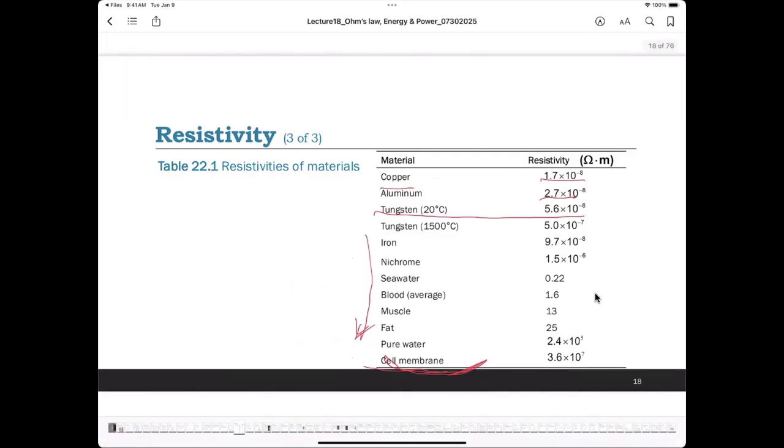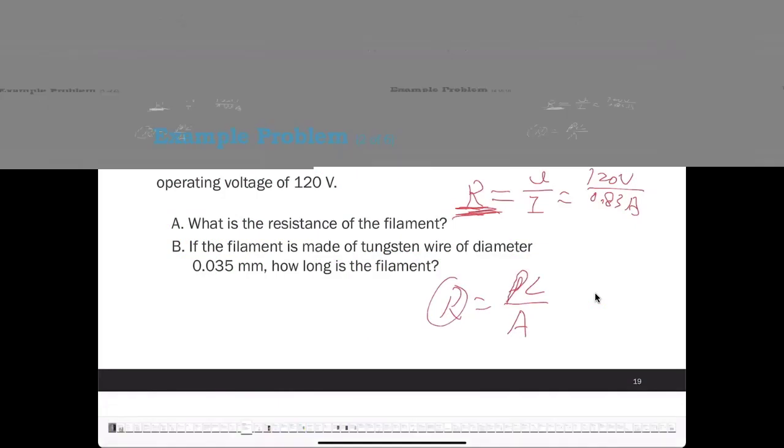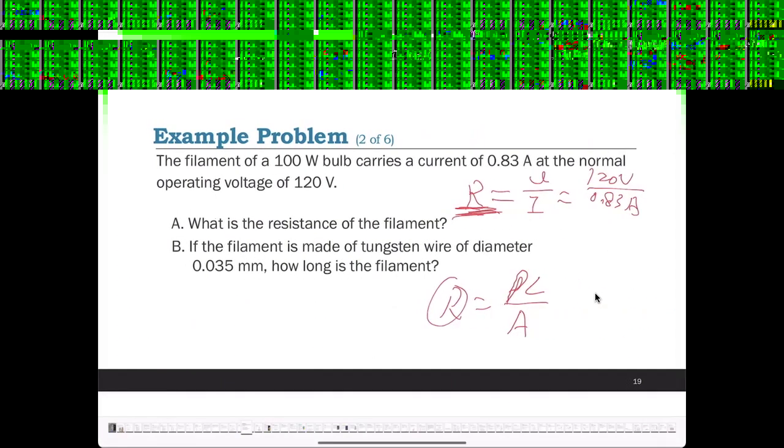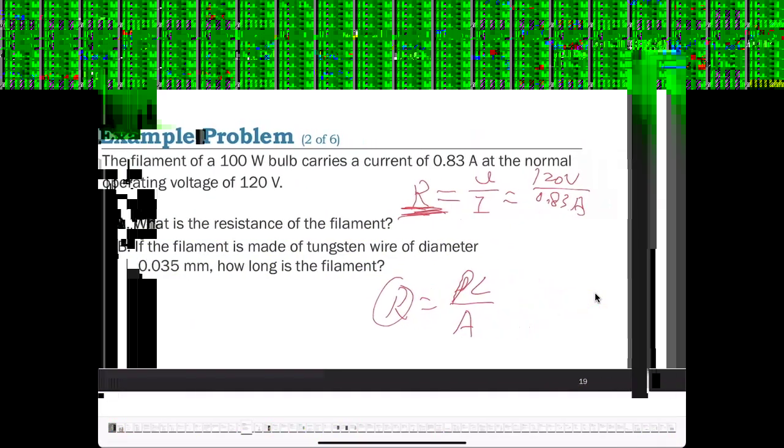Then we use this equation, R equals ρL divided by A. Here we know the resistance, which we have already calculated, and we know the resistivity from this box. We know the area because we know the diameter, and then we can calculate the length. That makes sense to you? I will leave this problem to you, and let's review the other quick check question.